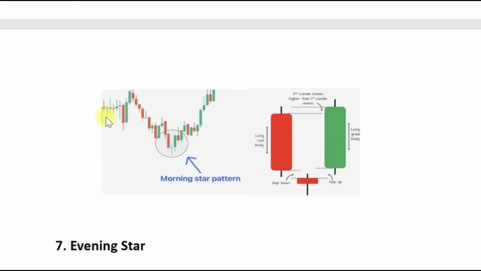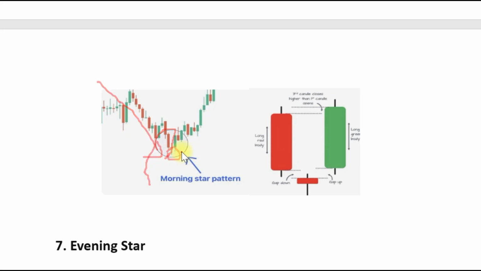The first condition to qualify for a morning star is the market should be in a downtrend. The last candle must be red, and the small doji candle in between.